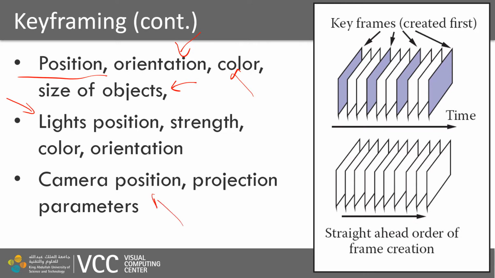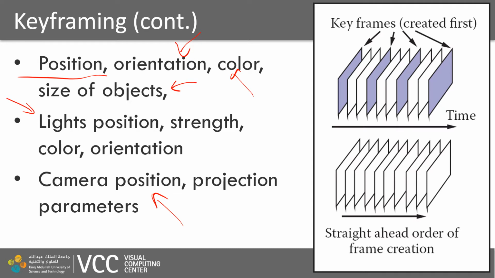Of course, the camera will also be changed. We can imagine that we are navigating through the scene either through a walkthrough, flyover or fly through. Various approaches are used in order to change the position of a camera. Its projection parameters can also be changed.